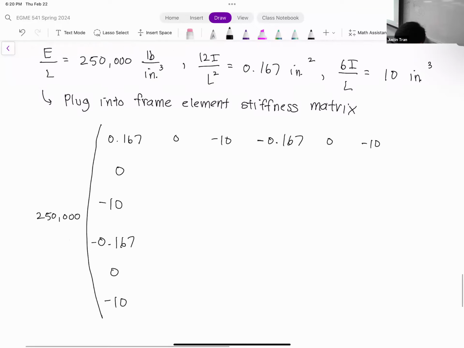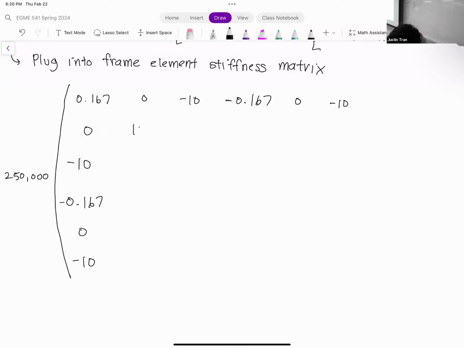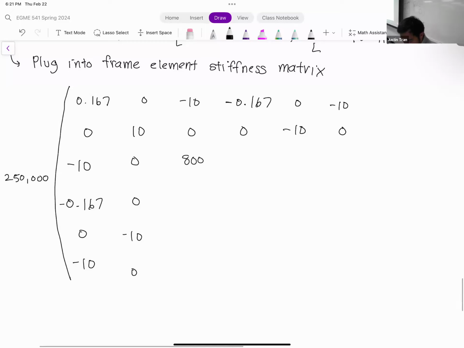All right, let's start on our second row. So our second row is 10, 0, 0, minus 10, 0. Okay, it's pretty simple on this end. I'm going to take that row and write it into the remaining entries in the second column. Okay. Third row, we have 800, 10, 0, 400. Okay. Same thing here. I'm going to take the extra entries in the third row and just write it into the third column. Okay.